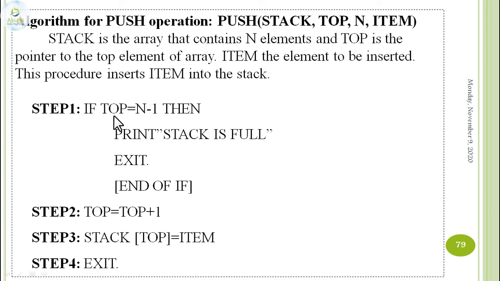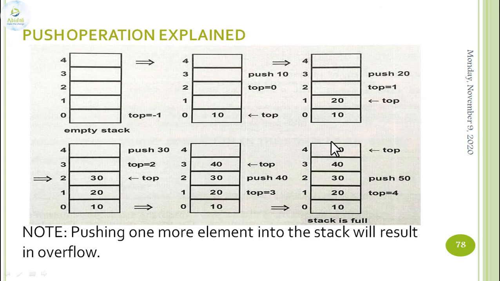The condition that I have explained in the previous slide is if the value of top is equal to n minus 1, whereas when you are writing in the program, you will use double equals sign. In the algorithm, you will use a single. So if the top value is equal to n minus 1, that means the top has reached the end. See here, total size of the array is 5.